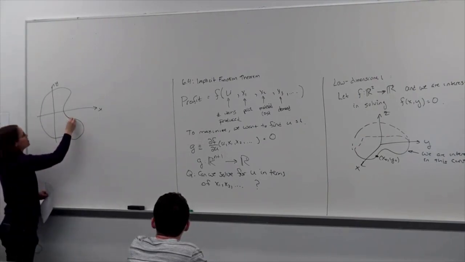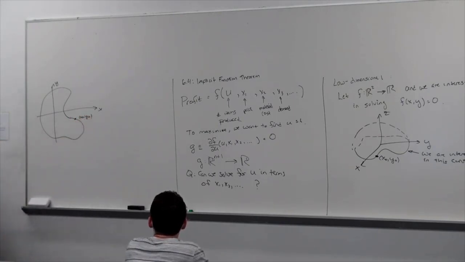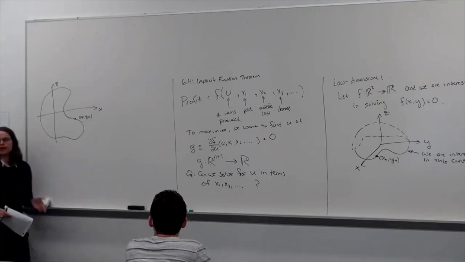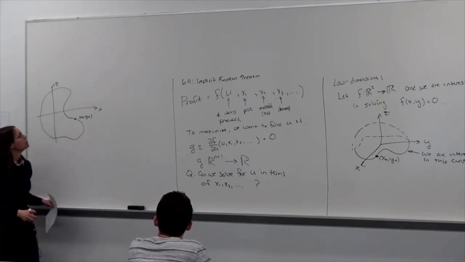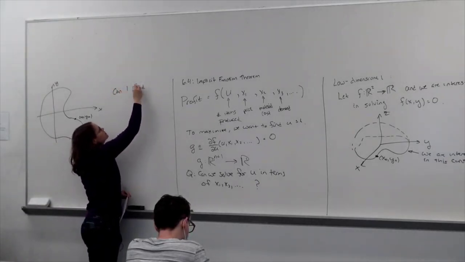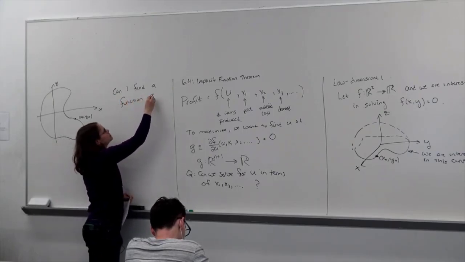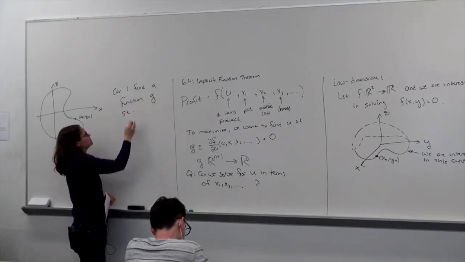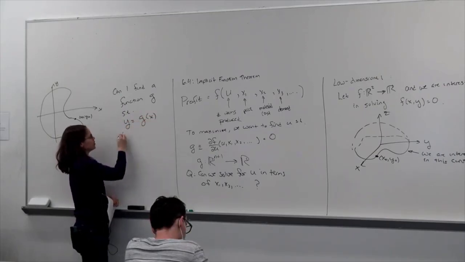Okay, and again, we have a point right here, x naught, y naught, where we're going to try to locally do things. Now, what do we want to do? We said we want to solve for one variable in terms of the other variable. So my question is, can I find a function g, okay, such that I can write y equals g of x, at least locally?